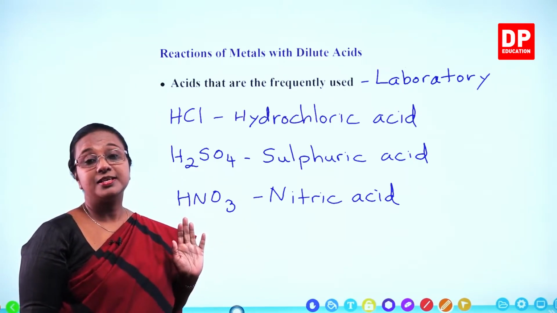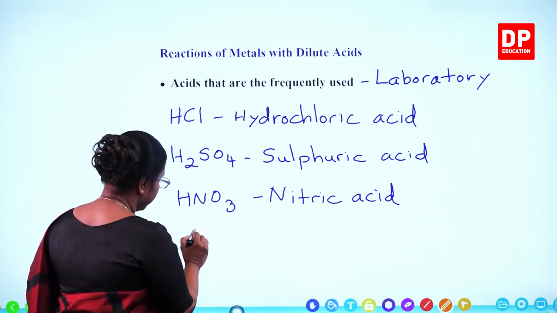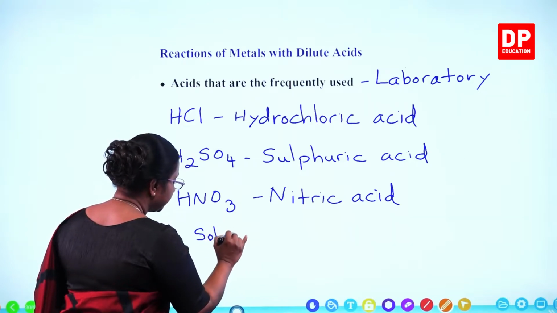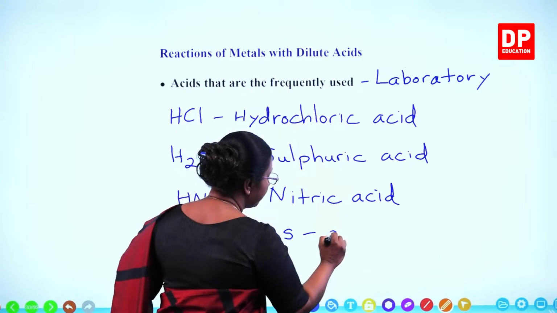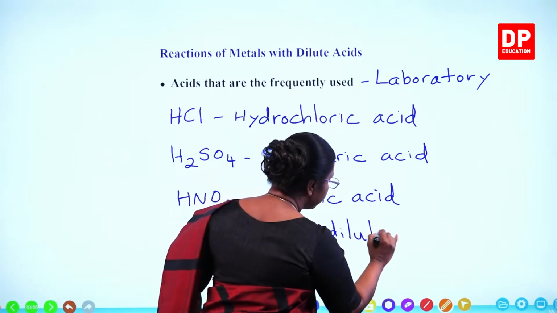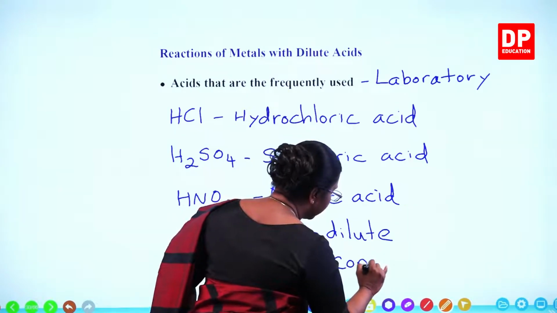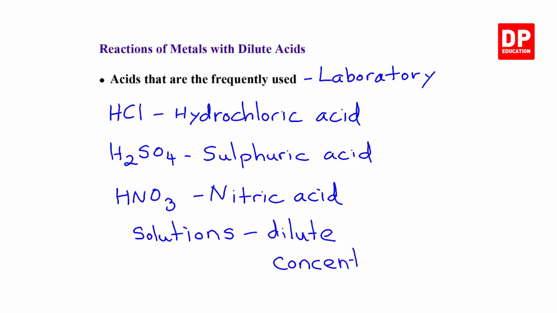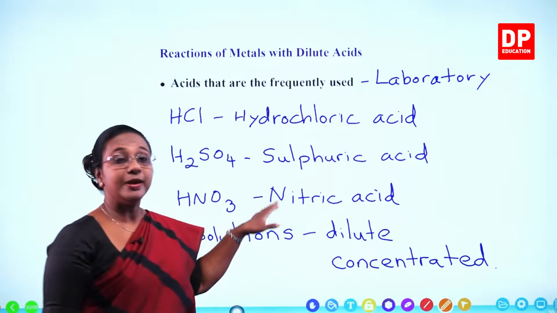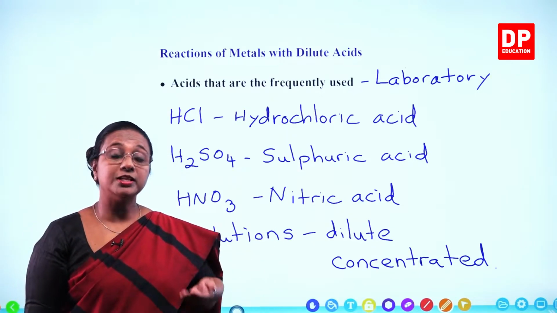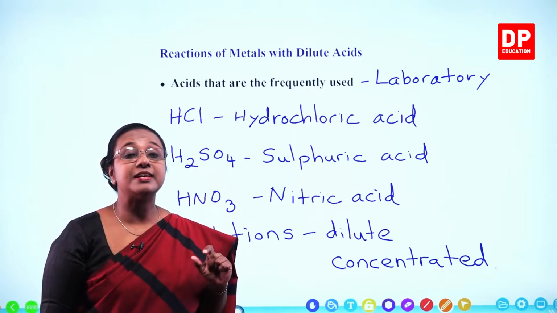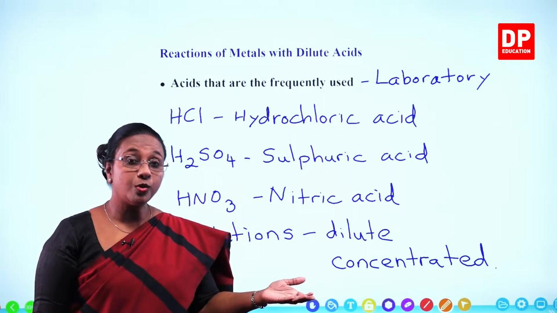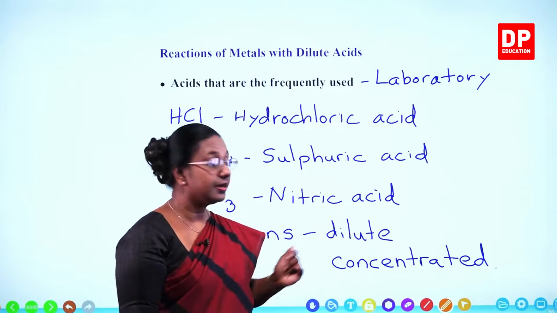These are present in the form of solutions. And these solutions can be either dilute solutions or concentrated solutions. Normally, when these acids are mixed with water, we get the aqueous solution. And there, if the amount of acid is less and there is more water, then the solutions are dilute.